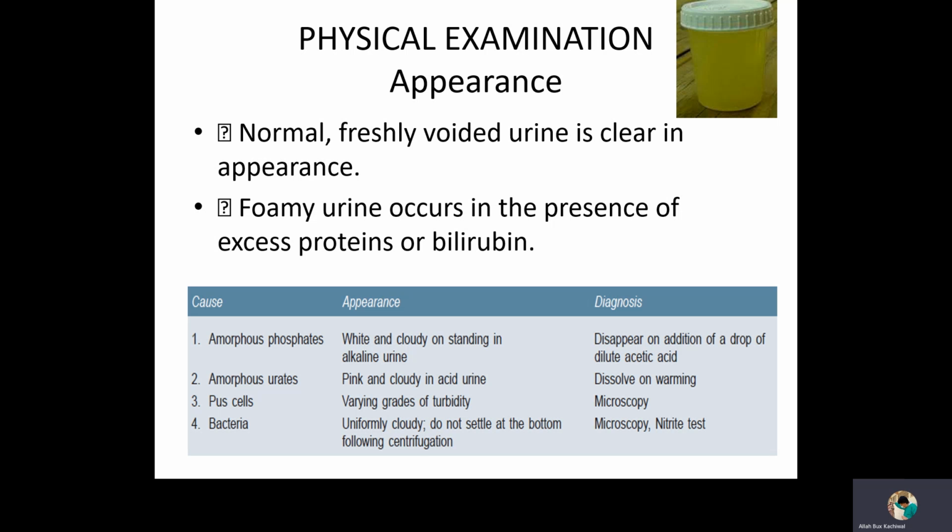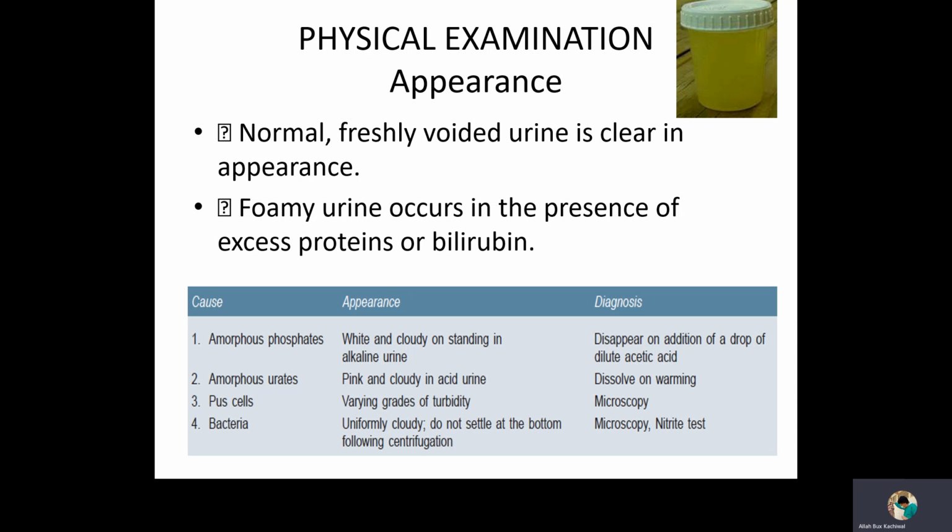Physical examination of appearance: normal, freshly voided urine is clear in appearance. Foamy urine occurs in the presence of excessive protein or bilirubin. Amorphous phosphates are white and cloudy on standing in alkaline urine, and disappear on addition of a drop of dilute acetic acid, whereas amorphous urates are pink and cloudy in acid urine and dissolve on warming.